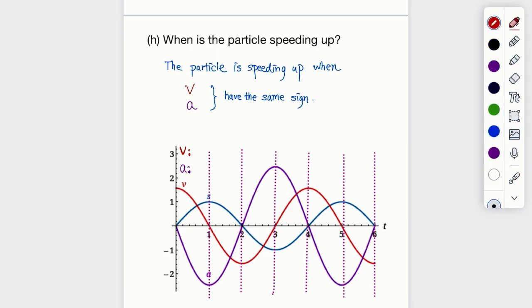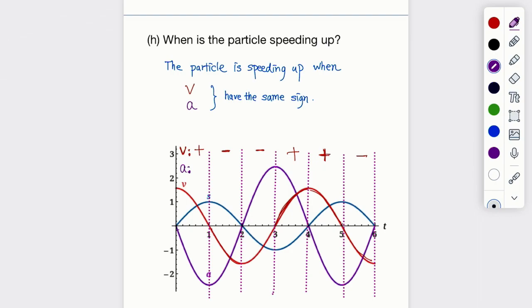So it is positive, and here is below the t-axis, negative, and velocity here is also negative, and here above this t-axis, so it's positive, and here is also positive, and here below the t-axis, negative.